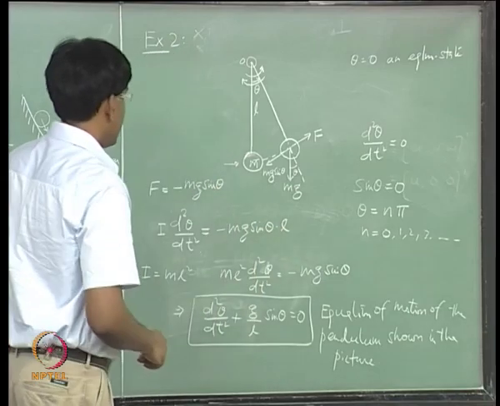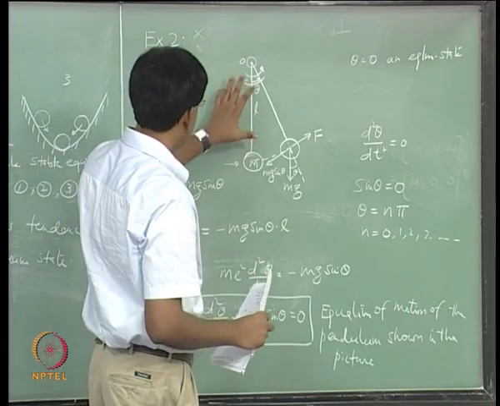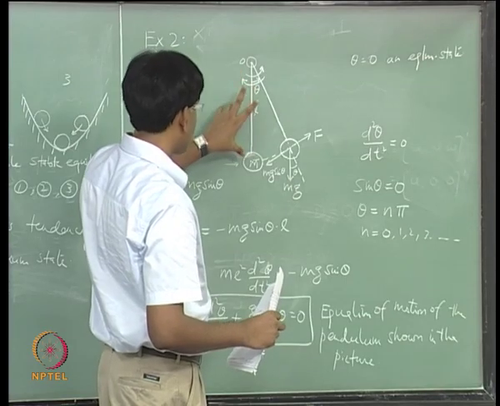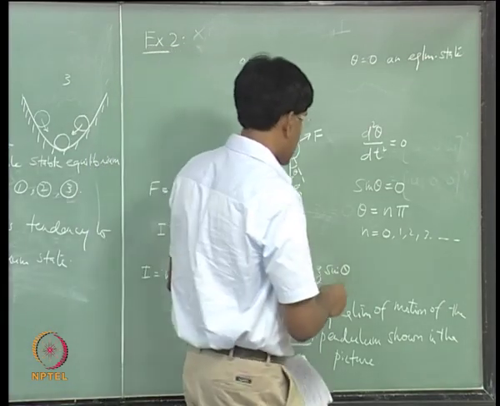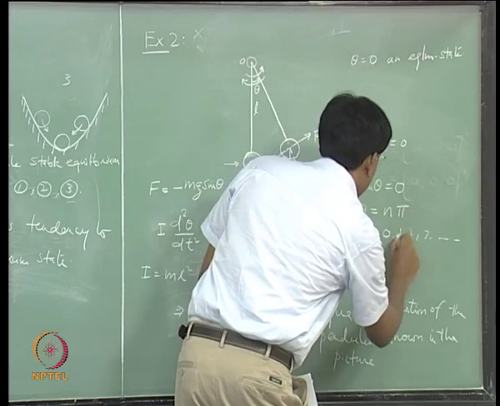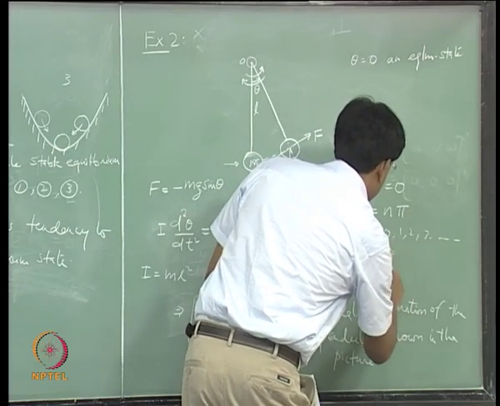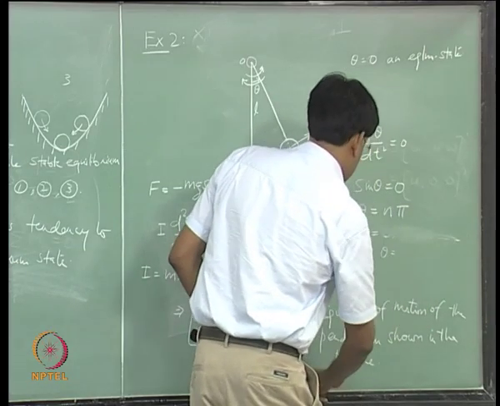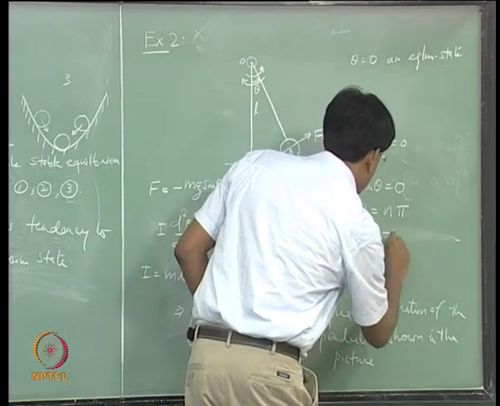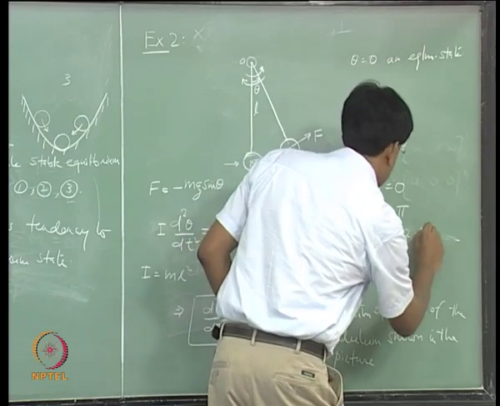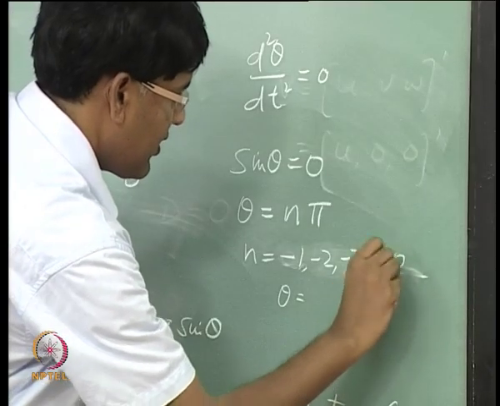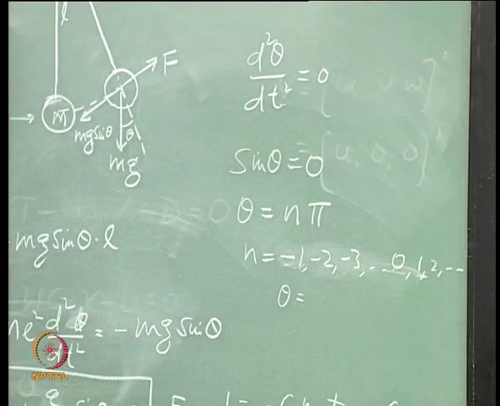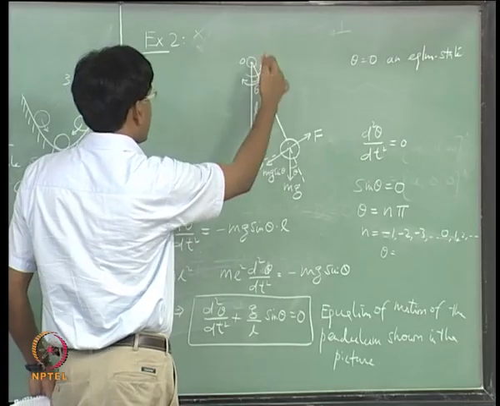Physically, it looks like there are two equilibrium solutions possible, and n can be positive or negative, so the pendulum can go in the other direction also.